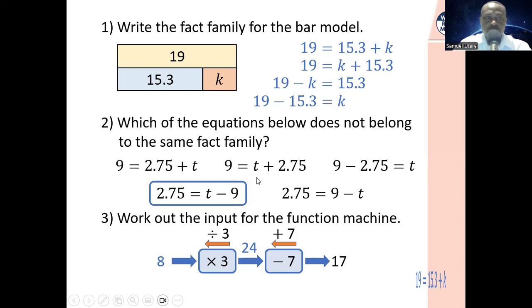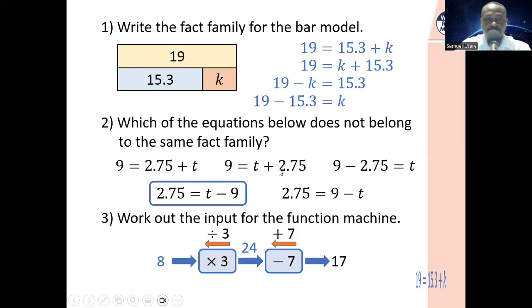All right, question 2, you ask, which of the equations below does not belong to the same fact family? We can clearly see that for a fact family that is telling us that 9 is equal to 2.75 plus t, we can rewrite that, so we know these two should be correct because they are showing commutativity.